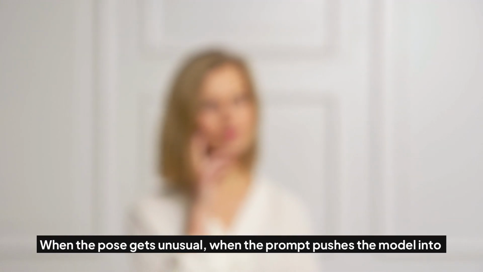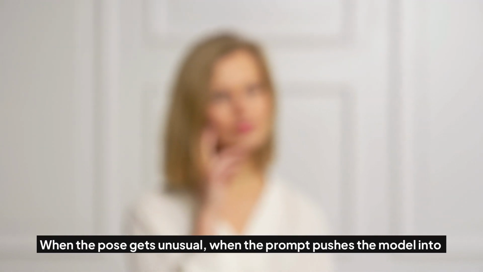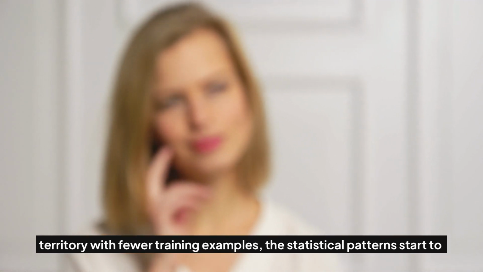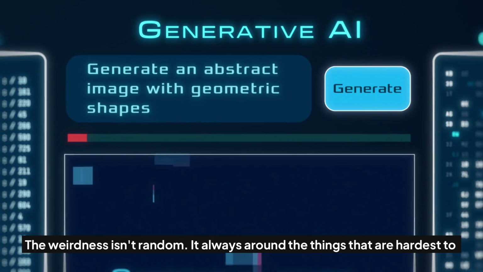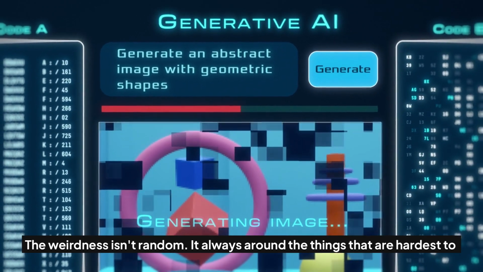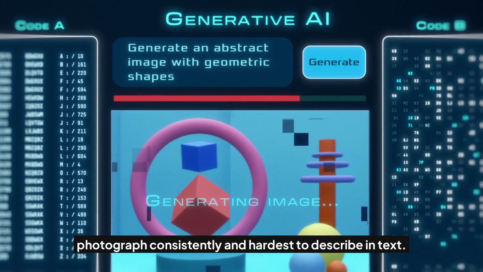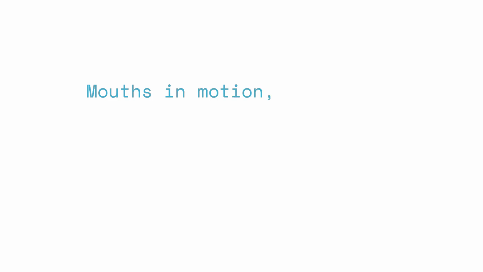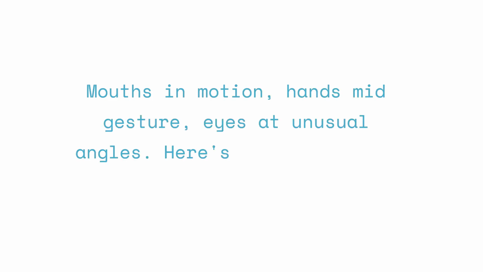When the pose gets unusual, when the prompt pushes the model into territory with fewer training examples, the statistical patterns start to collapse. The weirdness isn't random. It always clusters around the things that are hardest to photograph consistently and hardest to describe in text. Mouths in motion, hands mid-gesture, eyes at unusual angles.